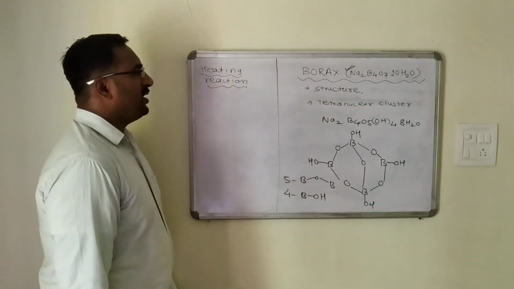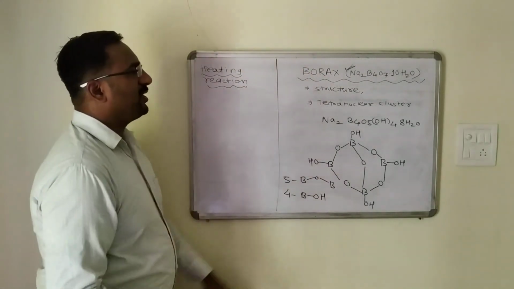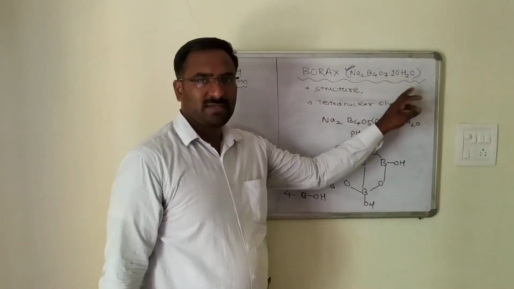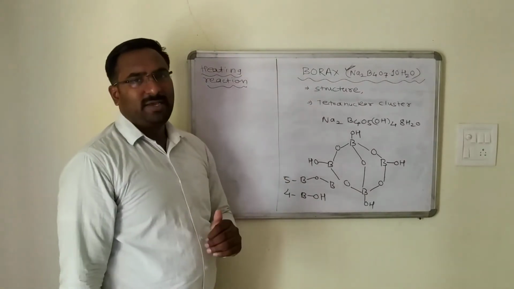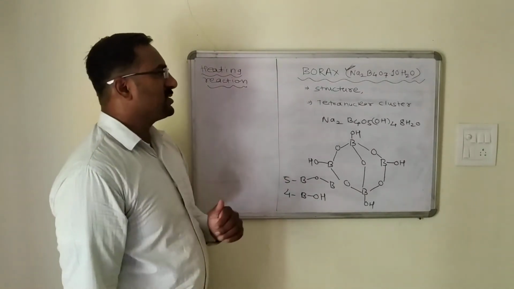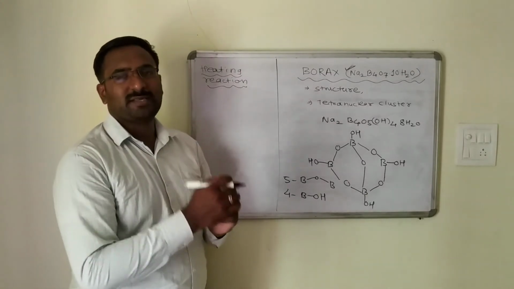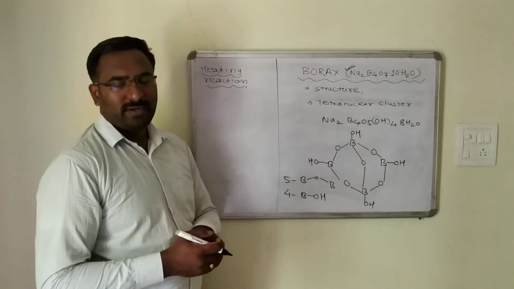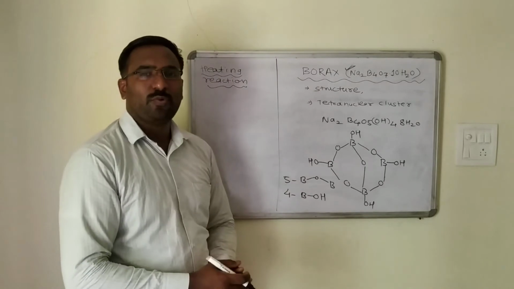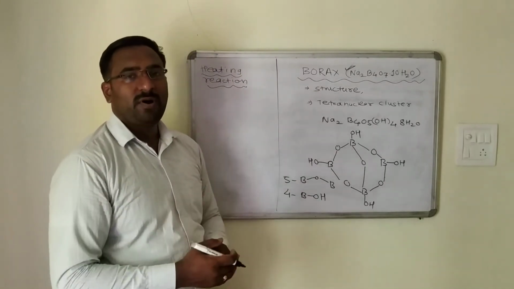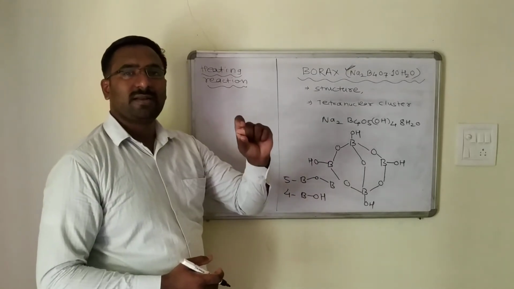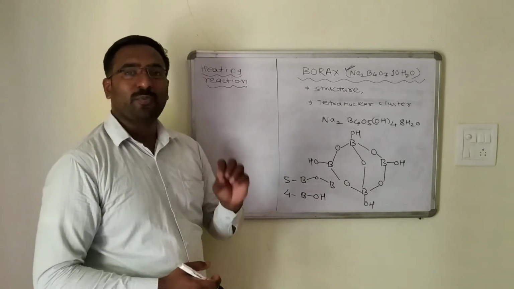There are 10 waters of crystallization in borax, and later on when we heat above 100 degrees centigrade, this borax forms a fluffy mass, that is anhydrous sodium borate. And when anhydrous sodium borate is heated again at 400 degrees centigrade, it will form a transparent glass-like bead that is known as borax bead.